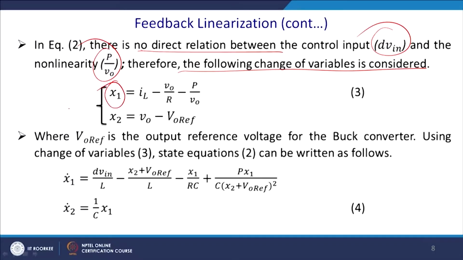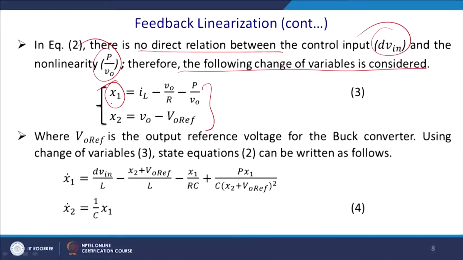We know that always the current through the inductor and the voltage of the capacitor are the states in a linear system, but this state has to be modified to accommodate this control logic. So, I L minus V 0 by R minus P by V 0 will be considered as a state, and thus it is controllable.